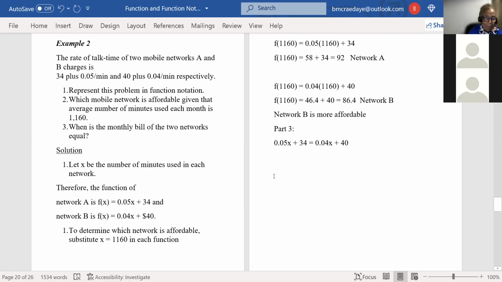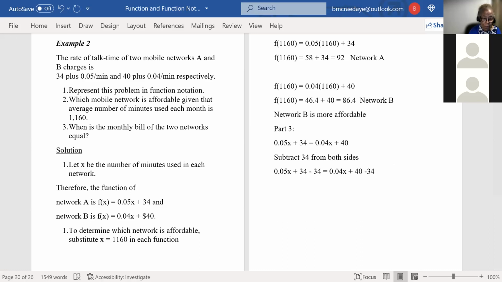Yes, okay. So subtract the 34 from both sides. Okay, so let's just do that. Minus 34 and minus 34 on the right.